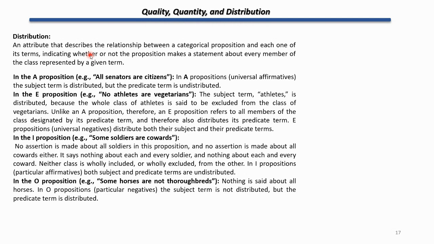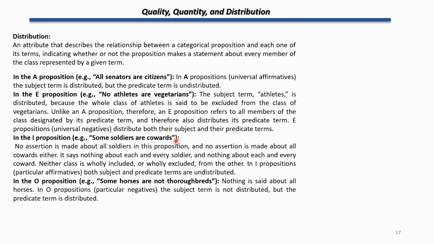Coming to the third one, the I proposition: some soldiers are cowards. Here we are talking about some soldiers, so it is not talking about the entire class of soldiers. Although soldier is the subject class here, it is not entirely distributed. It says nothing about each and every soldier and nothing about each and every coward.